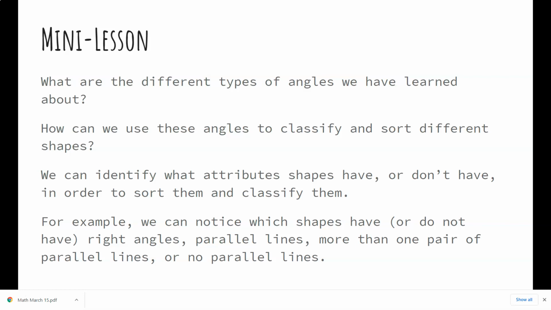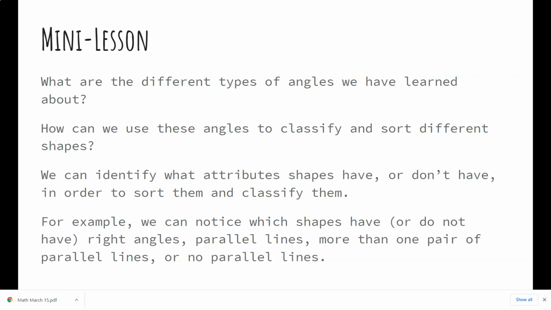Okay, and then the third type we learned about was obtuse angles. Obtuse angles are bigger than 90 degrees. So if you see a number of degrees, 100, anything greater than 90, is going to be an obtuse angle. So how could we use these angles to classify and sort shapes?